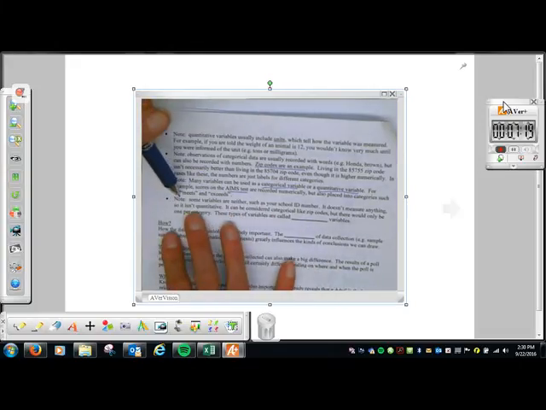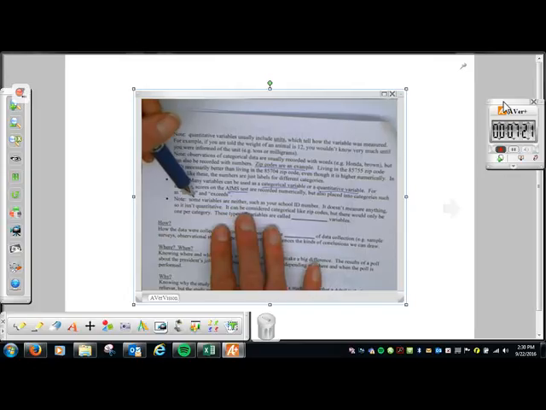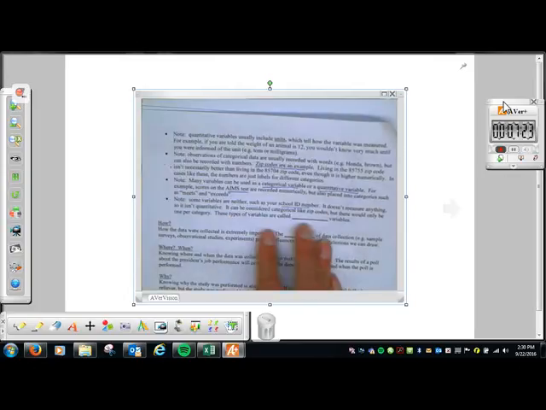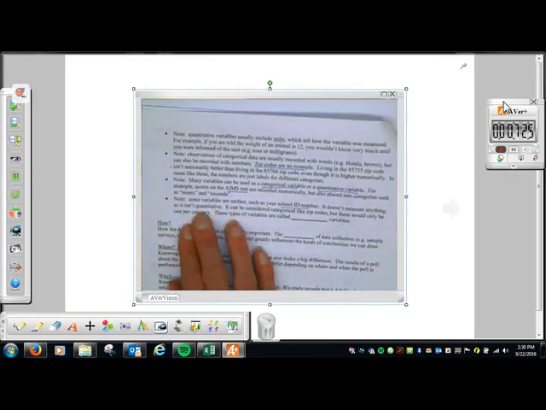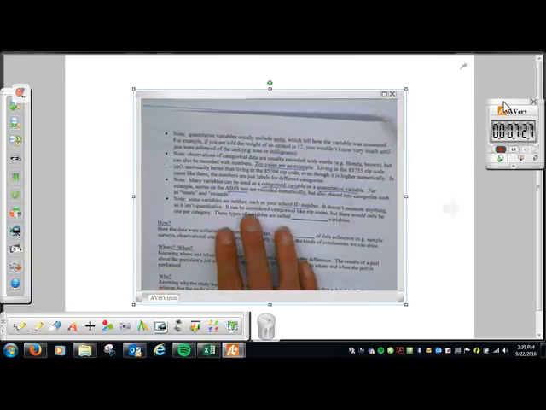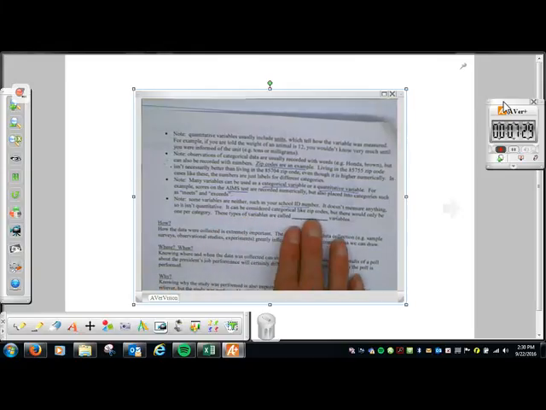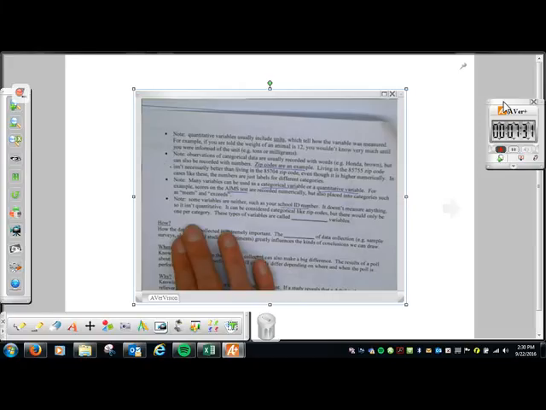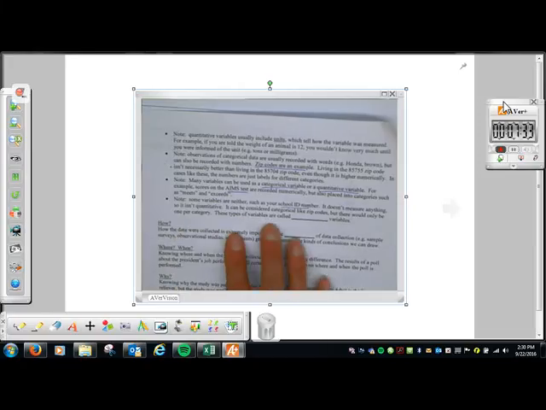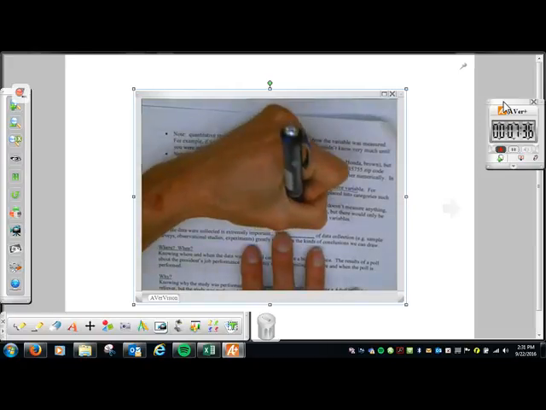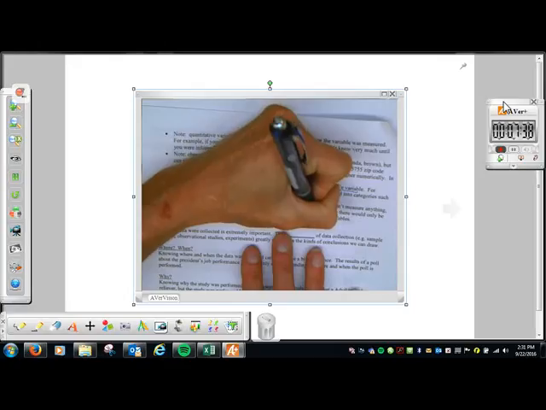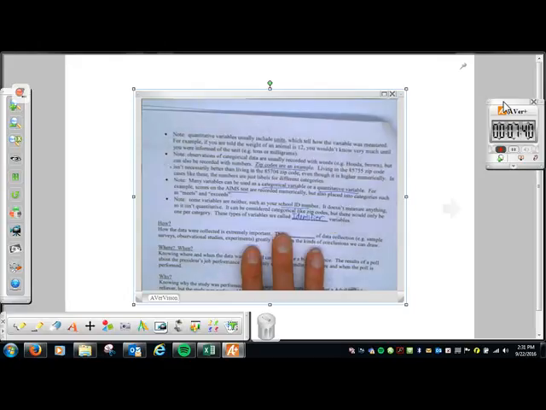Note, some variables are neither, such as your school ID number. It doesn't measure anything, so it isn't quantitative, and it can be considered categorical like zip codes, but there would only be one per category. These types of variables are called identifier variables.